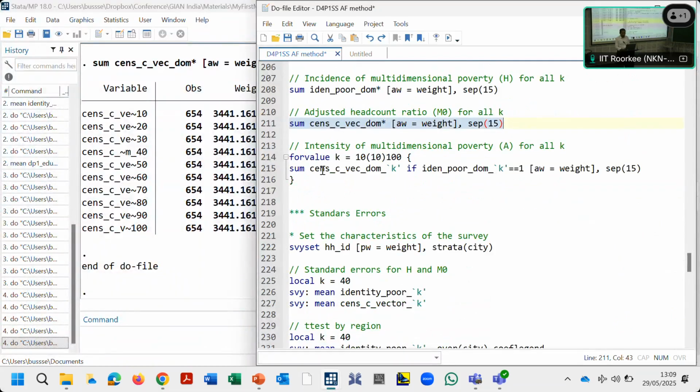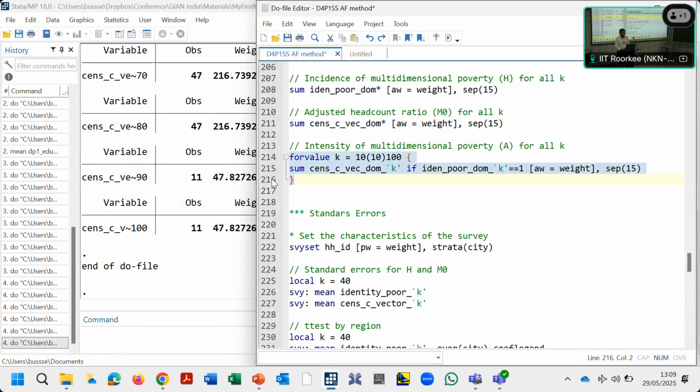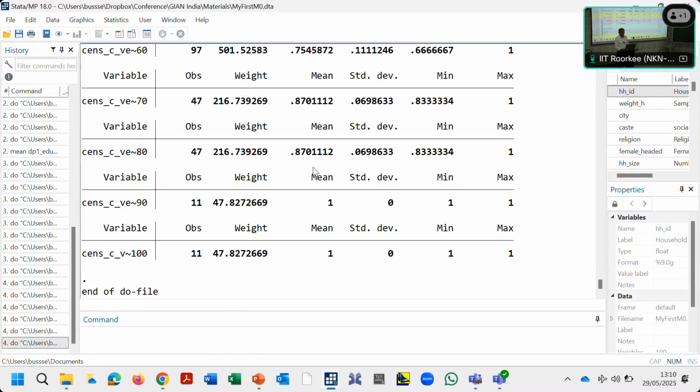And then similarly for A, you can simply compute by doing if identity 4 equal to 1, and that will definitely give you your A values. Look, for very high cutoffs, 90 and 100%, of course, your A is equal to 1. Because everybody that is poor has it, it is the intersection approach, right? They all have a value of 1, so the average is going to be 1. Just to cross-check that we are in the right direction.